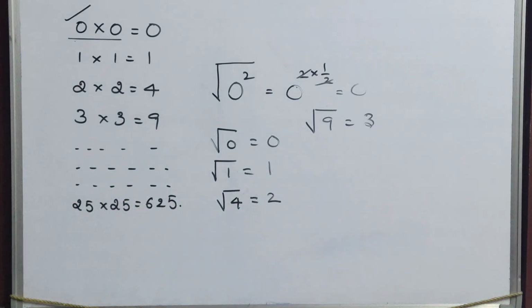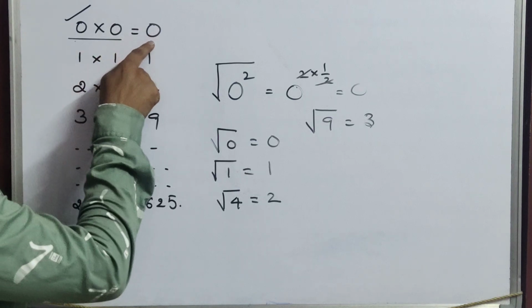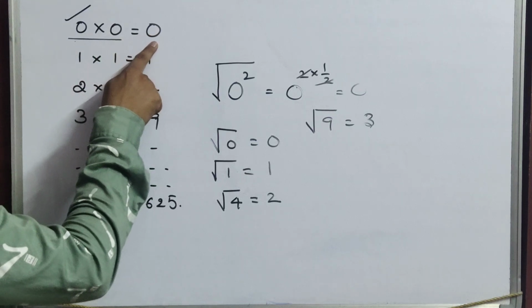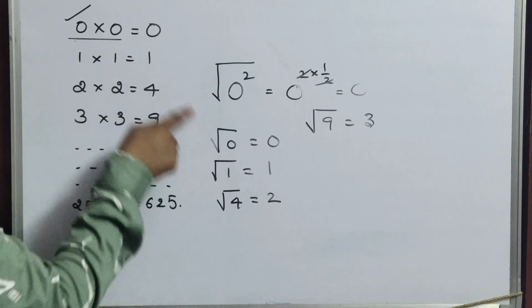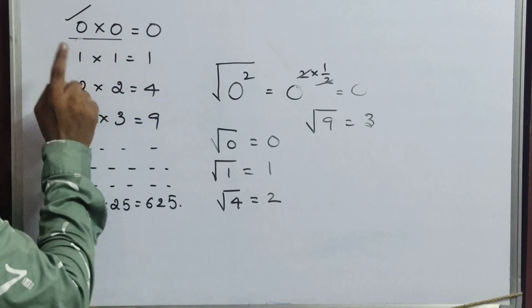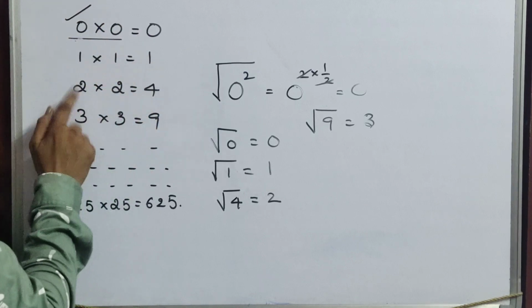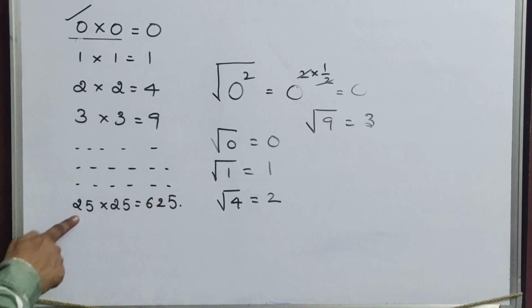Square root of 25, 5. So, how will this table be helpful? Here, if you keep 0 and write the square root symbol, the square root of 0 is 0. Square root of 1 is 1. Square root of 4 is 2. Square root of 9 is 3. Square root of 625, 25.